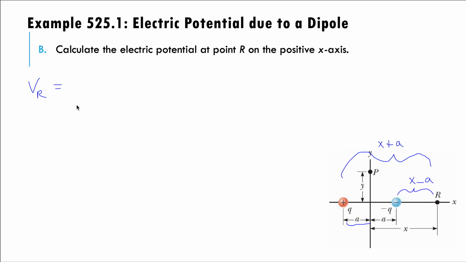So now we're ready to add up the potential. We can factor out the Ke, and we have Q over x plus a, and then we have plus a negative Q over x minus a. So these do not cancel out, but we can go ahead and simplify.